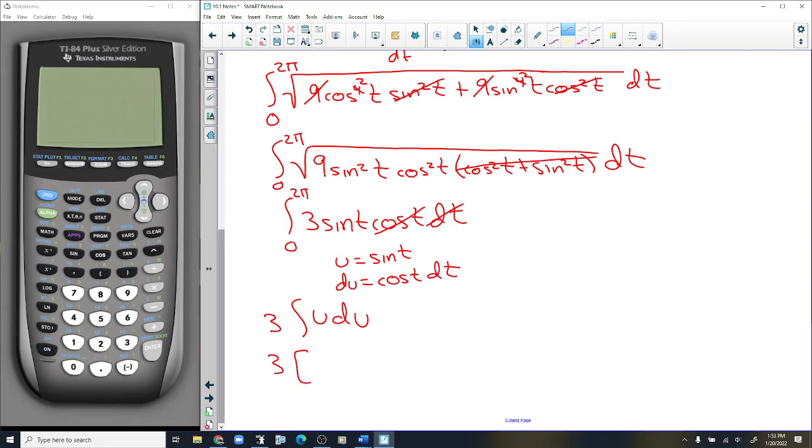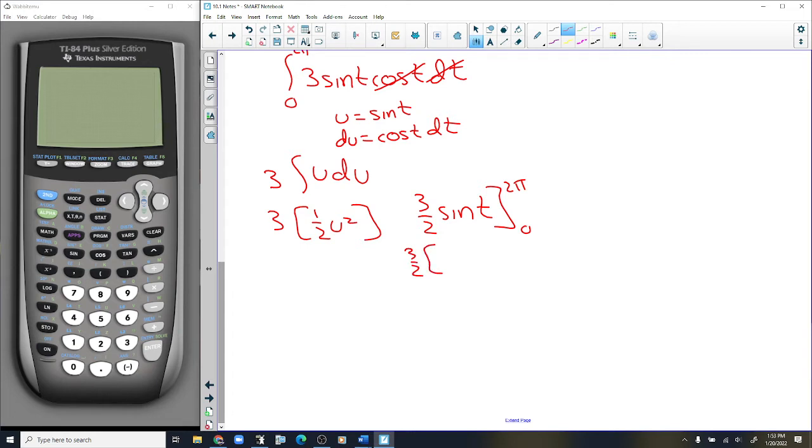This is 3 times 1/2 u squared. In other words, 3 halves. U is sine of t from 0 to 2 pi.